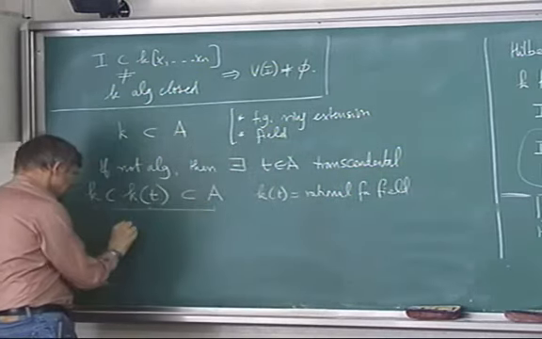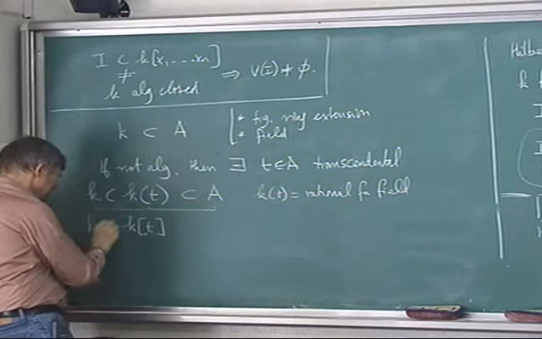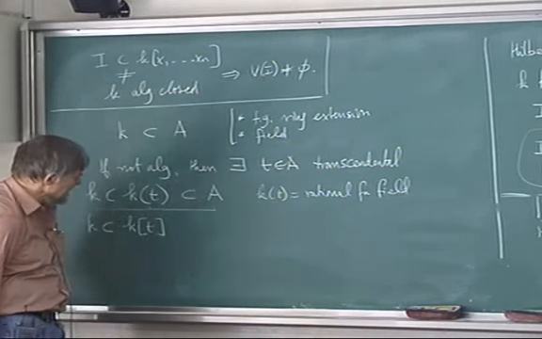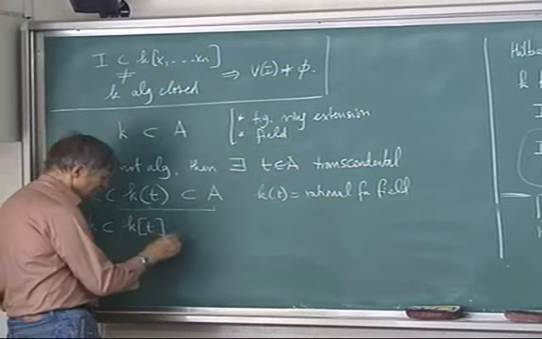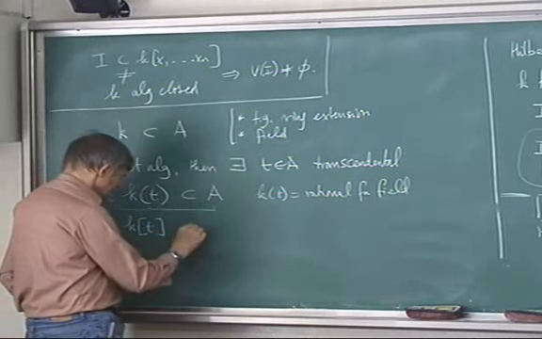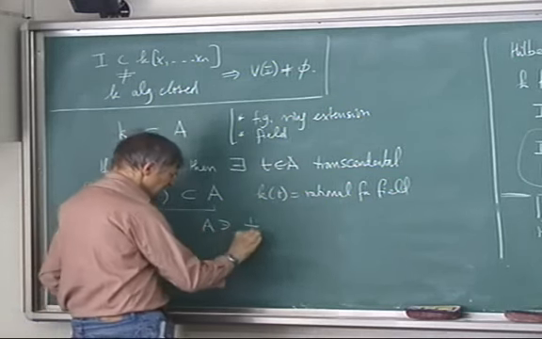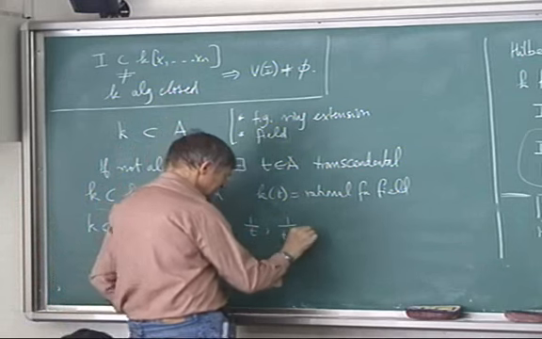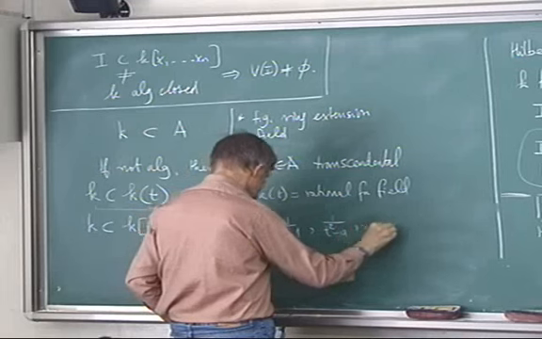Okay, so now let me write down k(t) in there. Let's imagine that we now have to write down ring generators for A. Then A contains 1/t, and 1/(t - a), and 1/(t^2 - a), and so on.